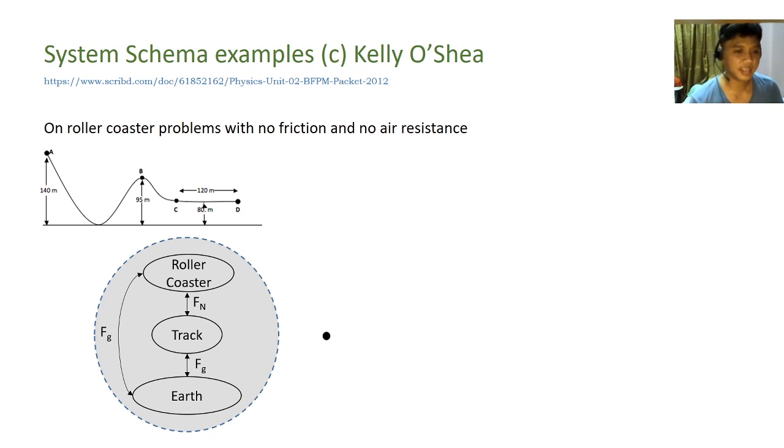But let's look at our internal forces. Do we see any conservative forces? Yes, we do. We see gravitational force. That is a conservative force. And therefore, we can think about changes in potential energy, in particular, gravitational potential energy.